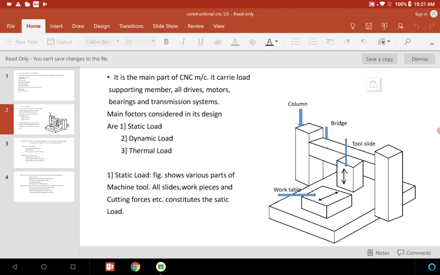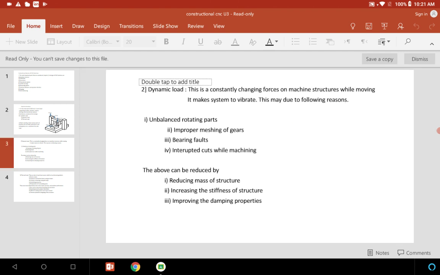All these fixed columns, slides, table, etc., without any movement, can be considered as the static load. They are also called dead weight.